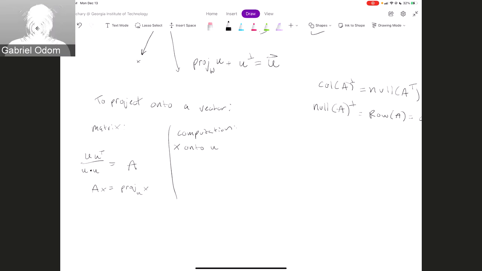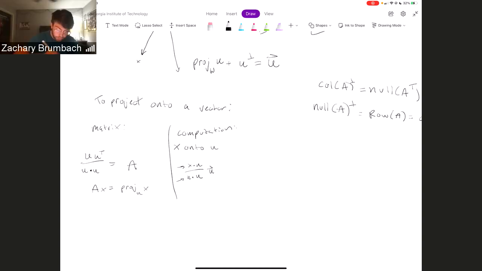So it is X dot U over U dot U. So this is a number over a number, times your vector U. This is only for a line, a vector. So if it says the span of a vector, this is what you do here.